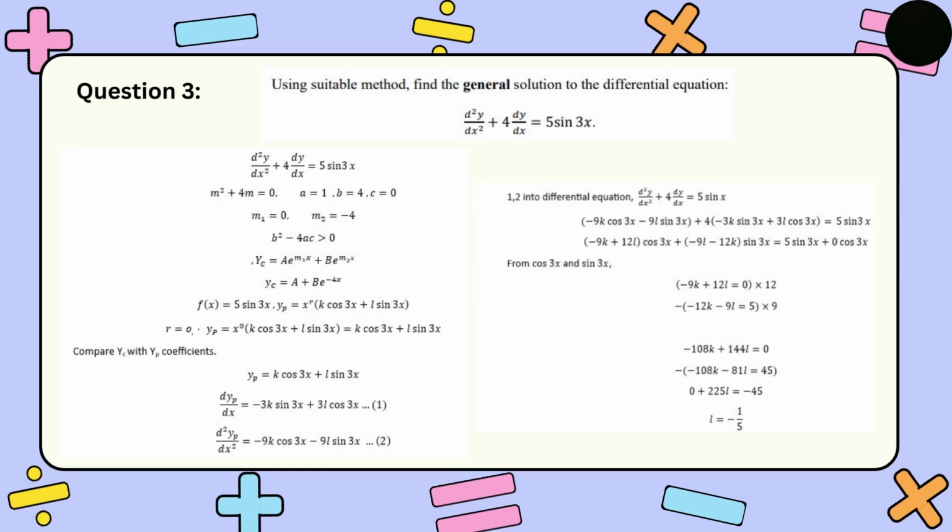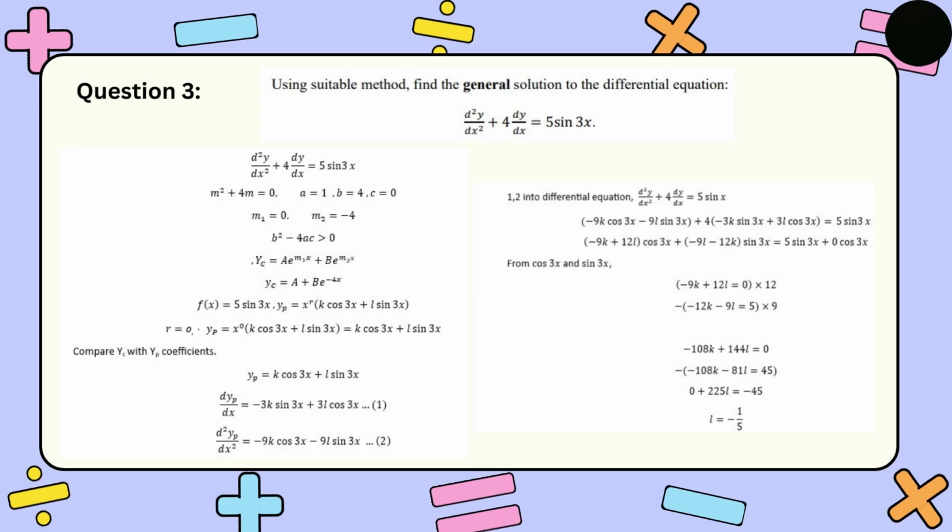And then we differentiate the yp, and then we will get negative 3k sin 3x plus 3l cos 3x as the first equation.